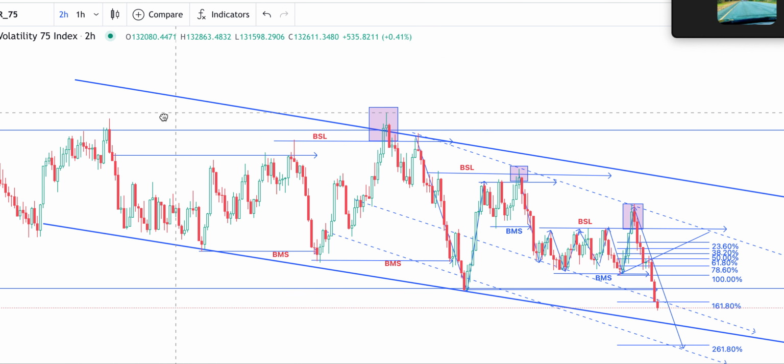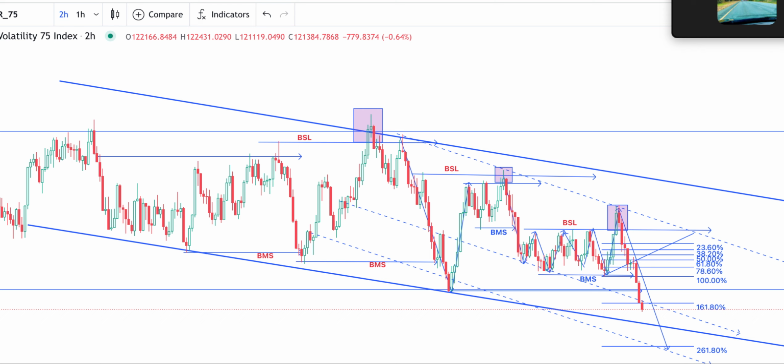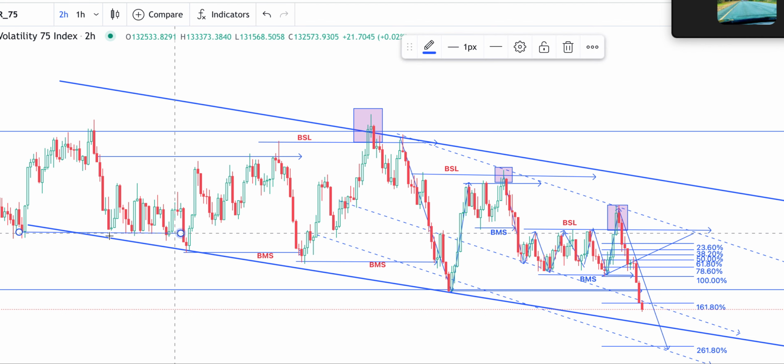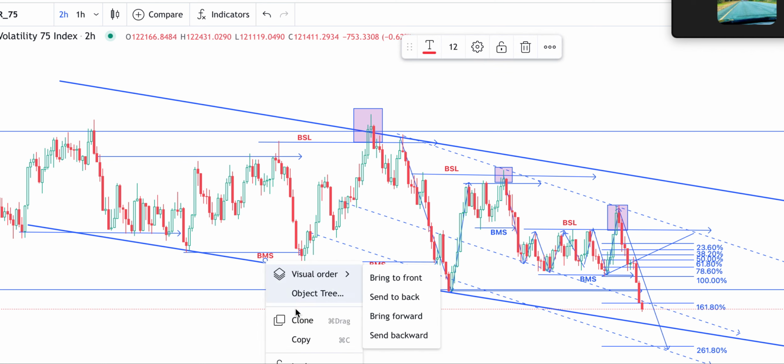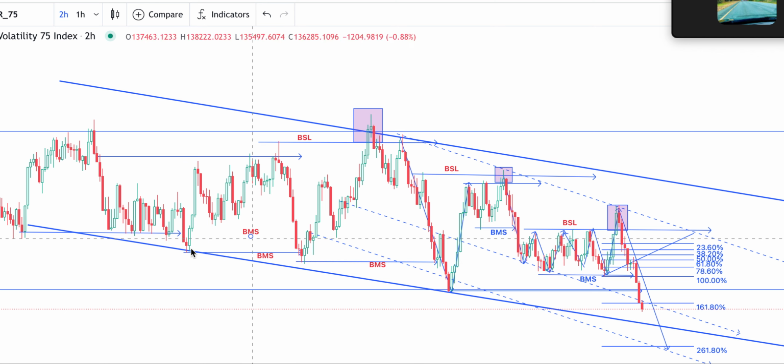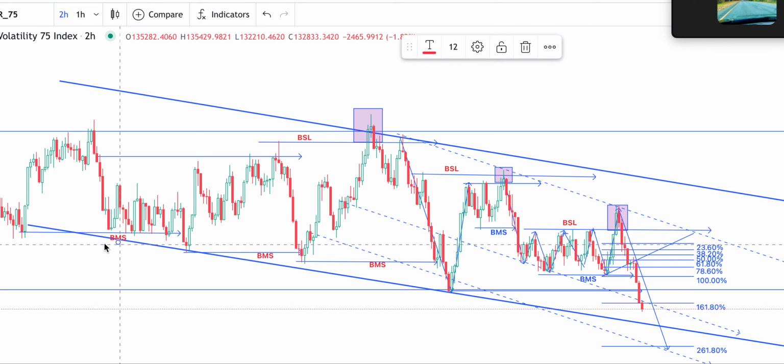It's amazing how this thing looks so bearish. You see, they say we trade in the direction of the BMS. So already the price has broken the BMS.